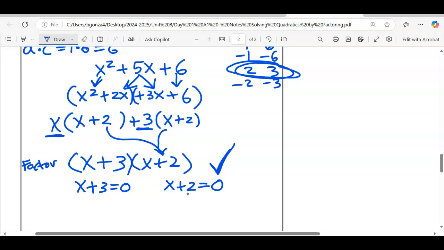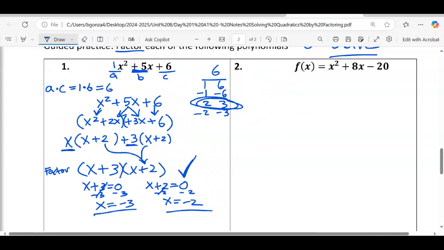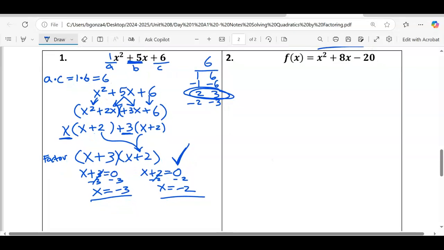If it's x plus 3 equals 0, how do I get rid of a plus 3? What's the opposite? Minus 3. 0 minus 3 is negative 3. Opposite of plus 2, minus 2. 0 minus 2 is negative 2. Cool. And that is your solution.